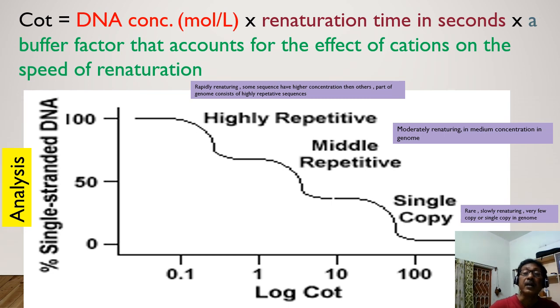That means a part of the genome consists of highly repetitive sequences, with a high concentration, then moderately repetitive, and here the concentration is very low.